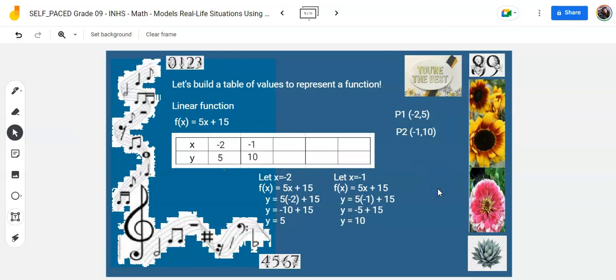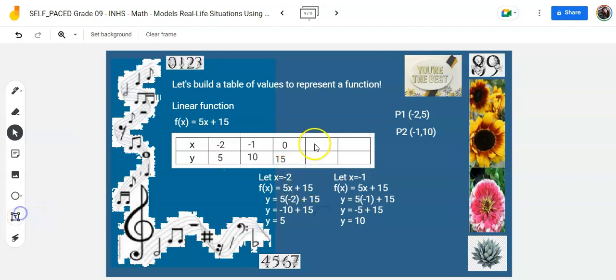Alright, so it's now your turn. Please complete the table for the third column, fourth column, and fifth column. And you will discover that if the value of x is 0, ang value of y is 15.